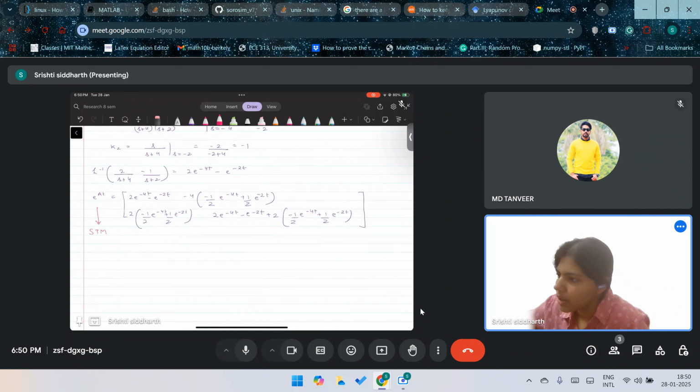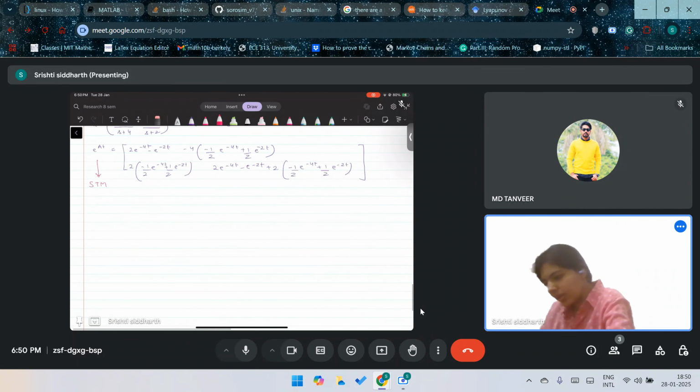Alright. So we have to find the zero input response, which is nothing but the solution to the homogeneous case, and that is exactly equal to x(t) equals e to the power At times x naught. So let's assume some initial conditions.